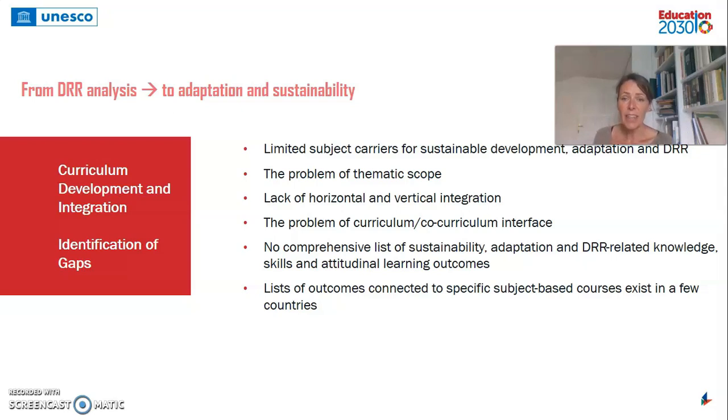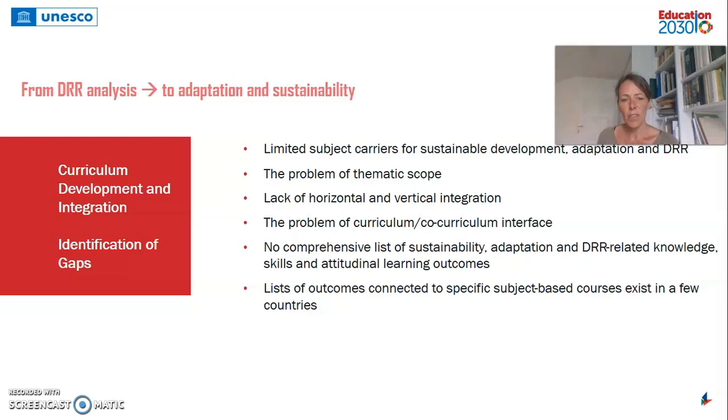The fact that disaster risk reduction has limited subject carriers in the curricula reviewed, that the scope is quite often very narrow. We are dealing with very interdisciplinary and complex topics such as climate change and disaster risk reduction, but they are dealt with in the curriculum with a very narrow focus.